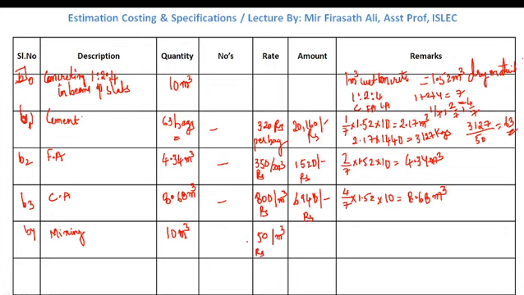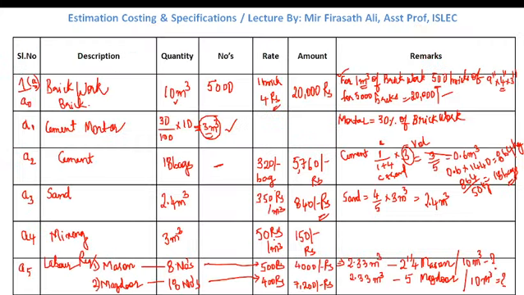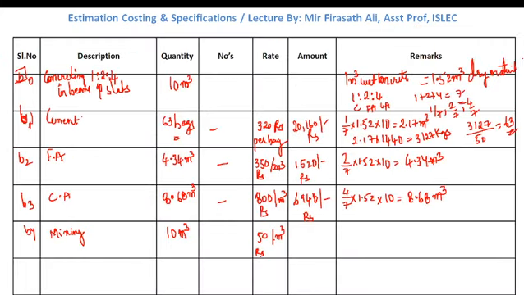Look at the question once again. Mixing mortar rupees 50 per meter cube. Yes. 50 into 10, 500 rupees, which is already given to us.